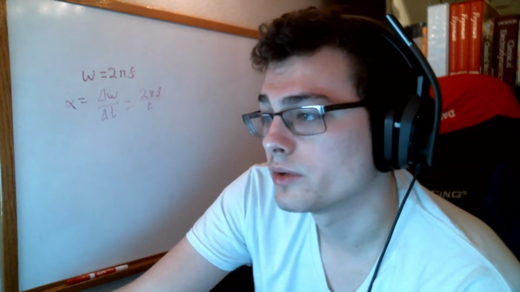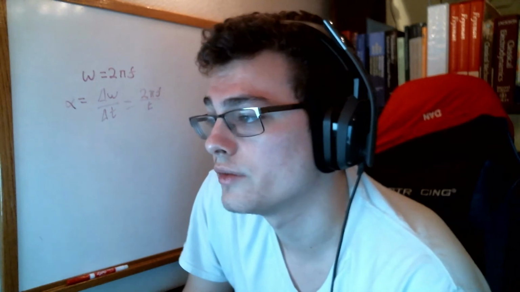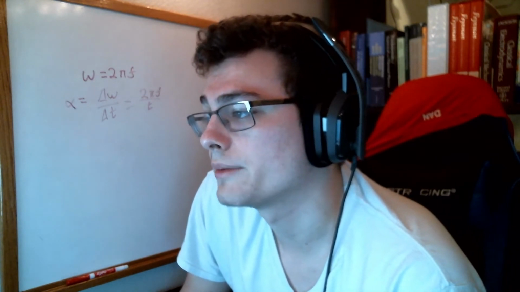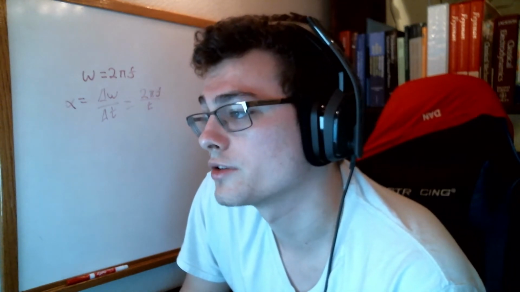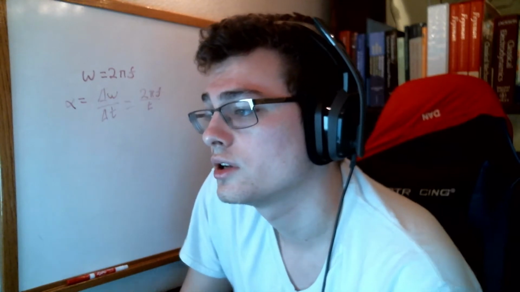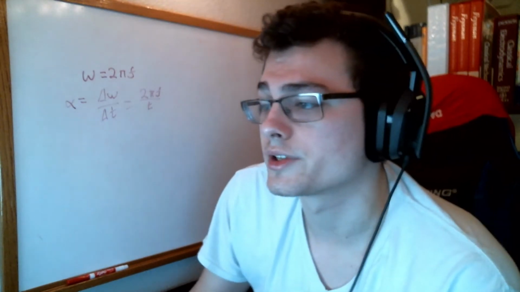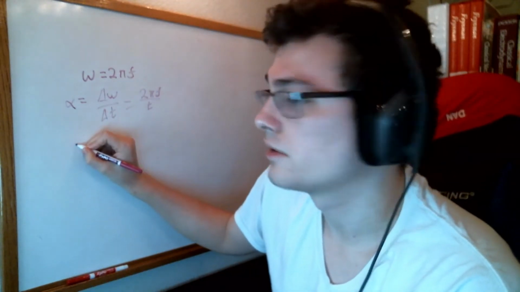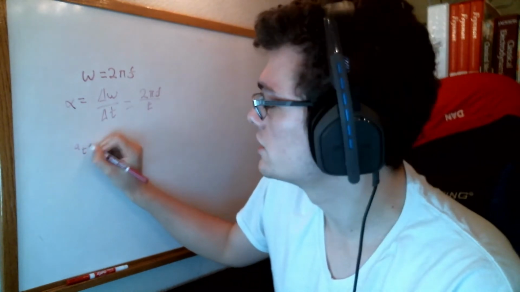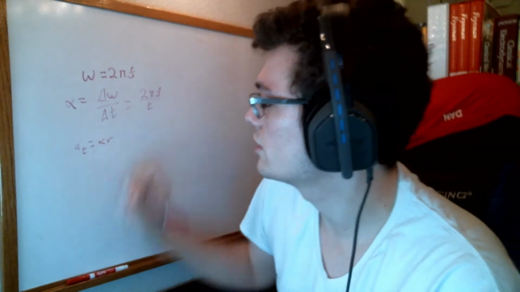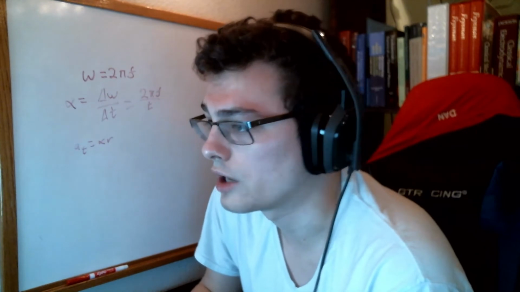Okay, part B, what is the tangential acceleration of a point some centimeters away from the axis of rotation? You just have to remember in this case that a_t is going to be equal to alpha R, or R alpha, however you want to put it.